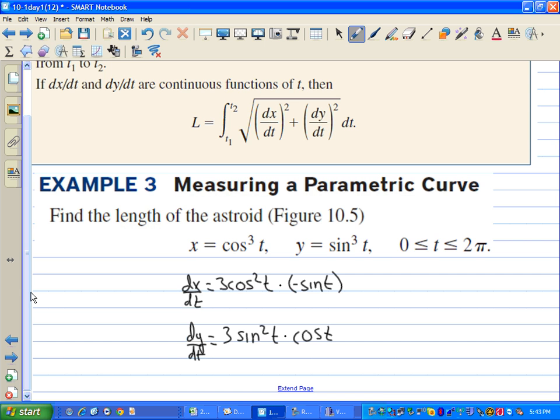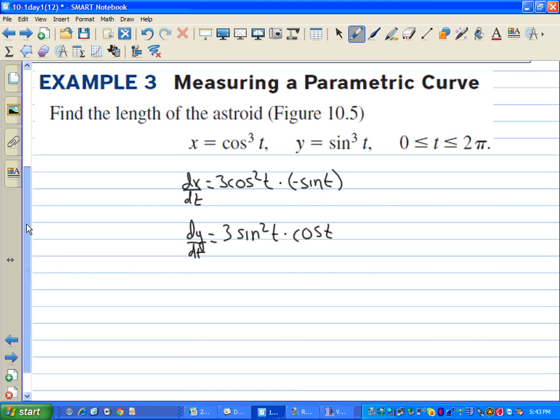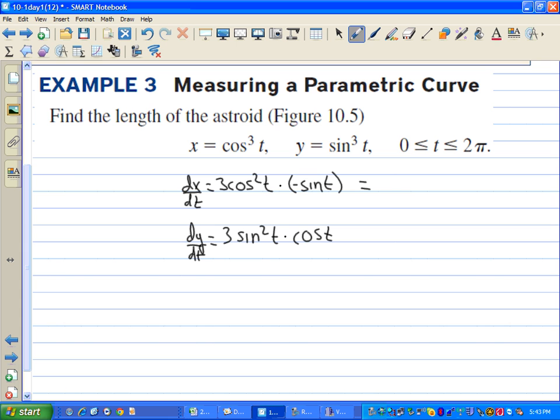In the formula these are both squared, so let's square each. We have 9 cosine to the 4th t times sine squared t, and 9 sine to the 4th t times cosine squared t.